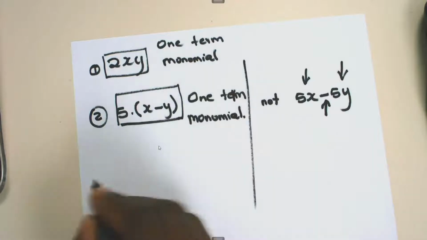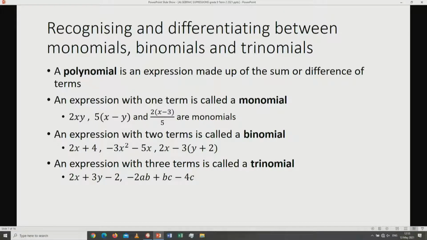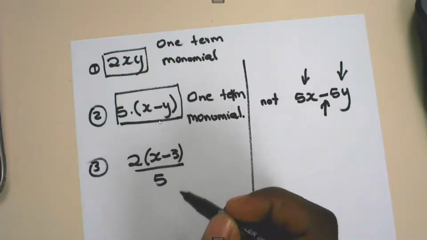The other example on monomials is 2 into x minus 3, all over 5. This is written as a single fraction.